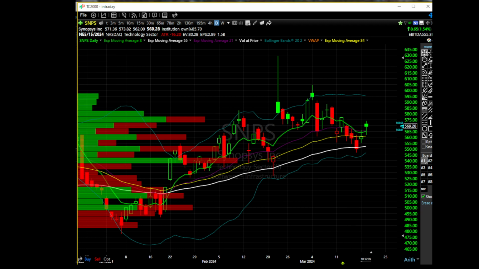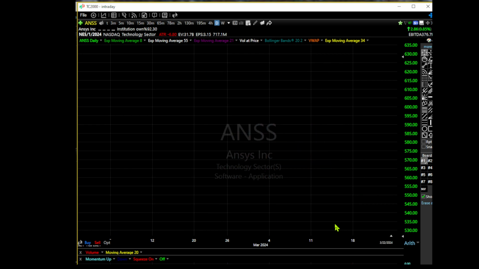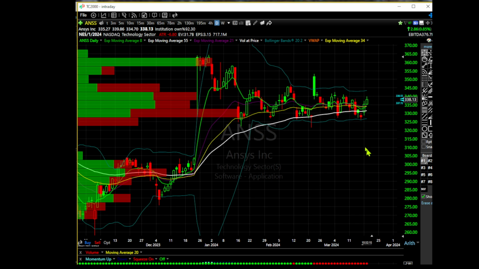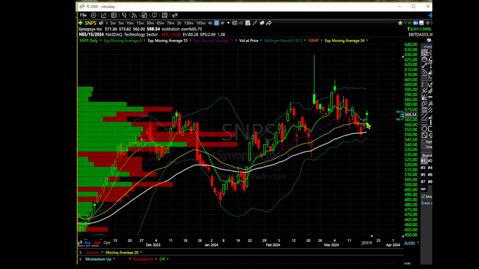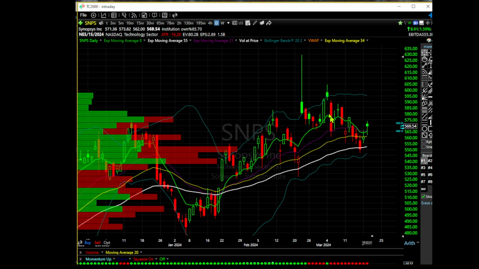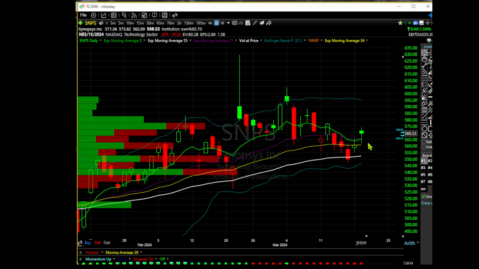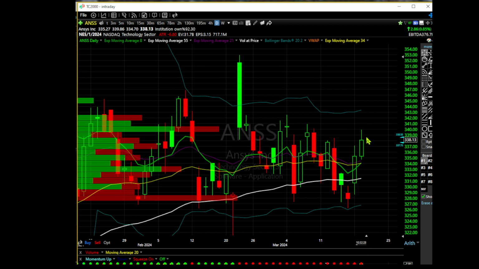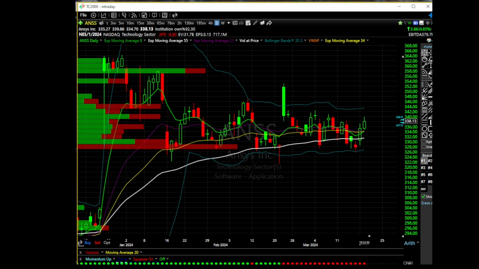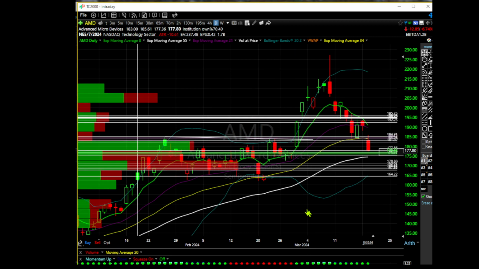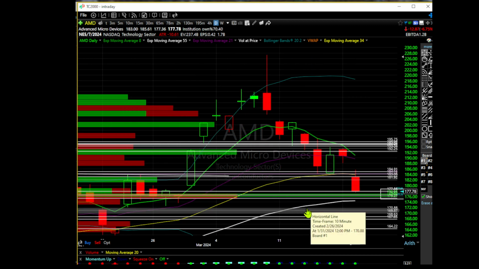The one with the proper setup is this one that's got the flag going, trying to break to the upside, and then same idea here, right? So you can't buy these per the rules unless they're under the ADMA. So you just have to wait or play a shorter time frame. Is AMD coming down? I hope so. Oh yeah. Yes. Yes.